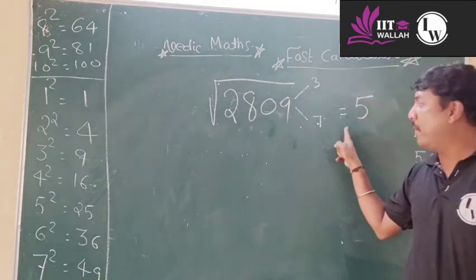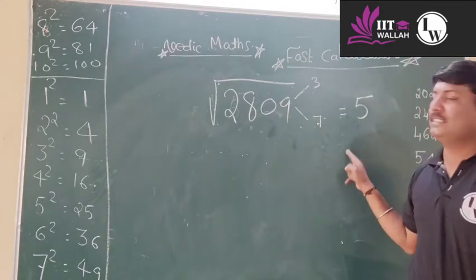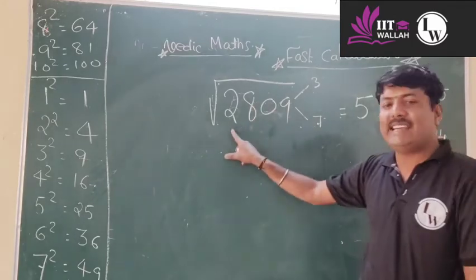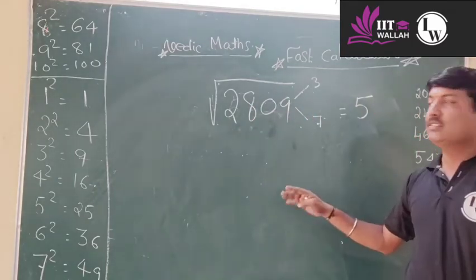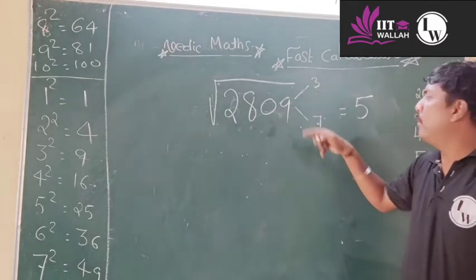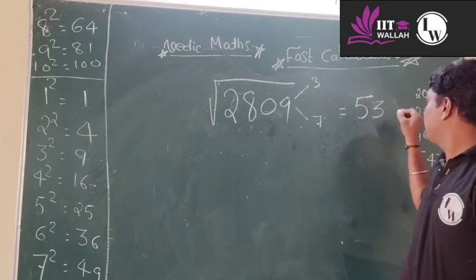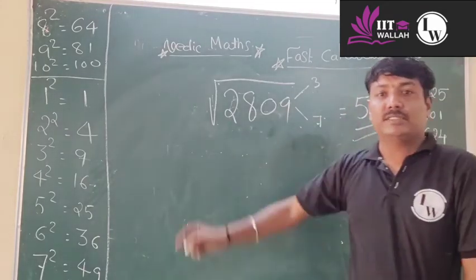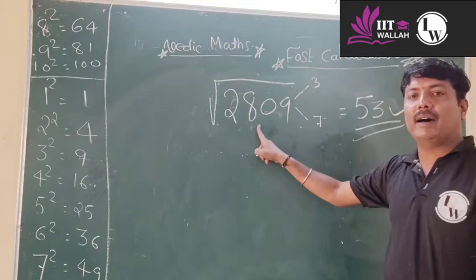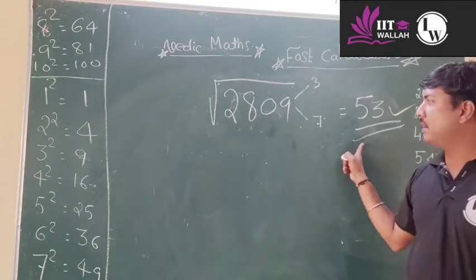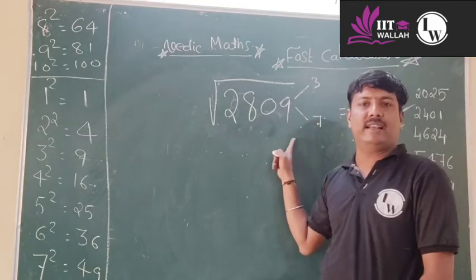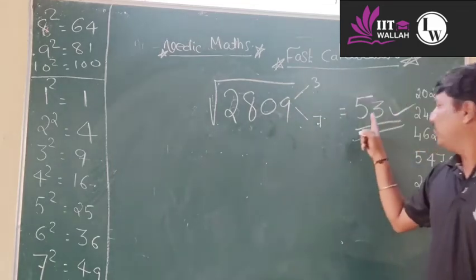After getting 5, you multiply 5 with the successor 6. 6 5s are 30. And our 28 is less than 30. So we will go for the small number 3. Understood? So the square root of 2809 is nothing but 53.